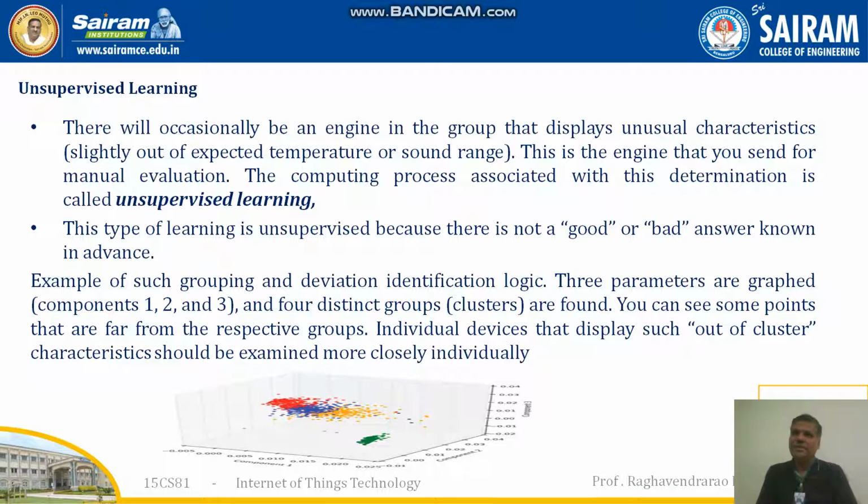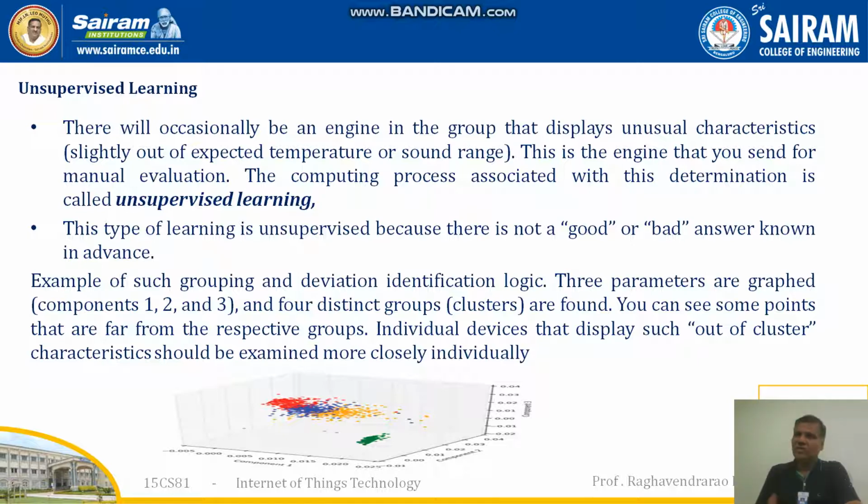At what time that is happening, there is another group. So like that you can group the vehicles based on the sound. Like this, it has been shown here, and it is checked manually only. This process is called unsupervised learning.